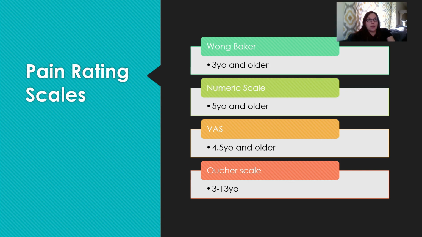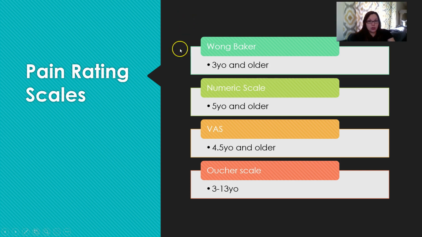And thinking about pain scales that you've seen, and what we were talking about a few slides ago with how kids think and what stage they're at, that's how you determine if they're developmentally appropriate in using these scales. Now, if a kiddo is developmentally behind cognitively, but they're 3.5, that's where you need to assess, are they going to be able to accurately use the Wong-Baker or the Oucher? And if not, there's some answers for that.